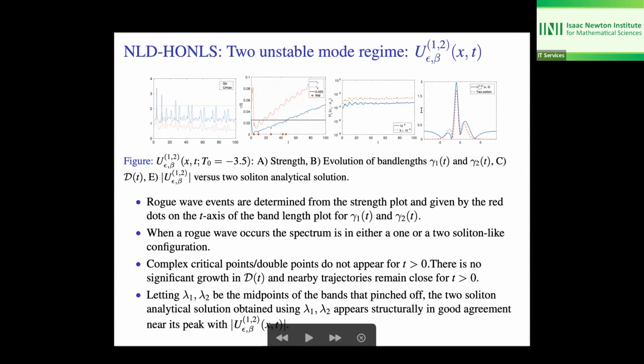And just as a rough comparison, if you let lambda 1 and lambda 2 be the midpoints of the bands of spectrum that pinched off, then the two soliton analytical solution obtained using lambda 1 and lambda 2 appears structurally in good agreement near the peak with the nonlinear damped SPB U12.